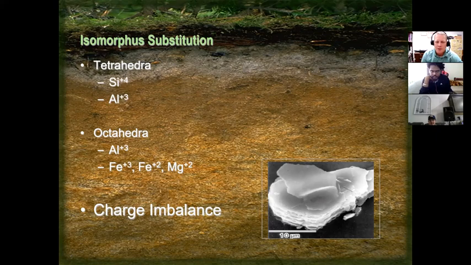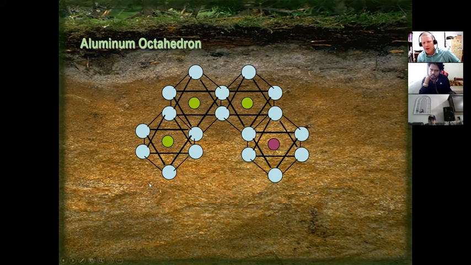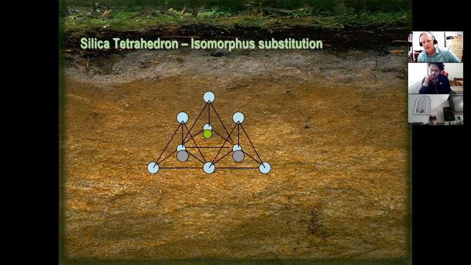Now we need to talk really quickly about this idea of charge imbalance. Now, I just told you that we can have negative charges here, negative charges here. And if we go back, we can have a negative charge here. But I'm here to tell you right now that in nature, these charges that get left end up being occupied by something.